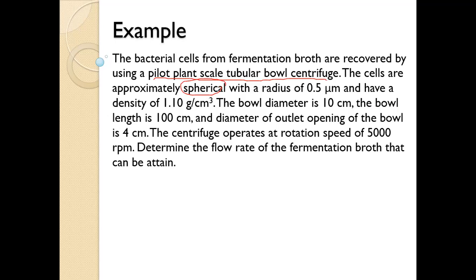The radius of the cell is 0.5 micrometer, which is the diameter of the particle. The density of the particle is 1.1 gram per cubic centimeter. The diameter of the bowl is 10 centimeter, or R equals 5. The bowl length, the height of the bowl, is 100 centimeter.